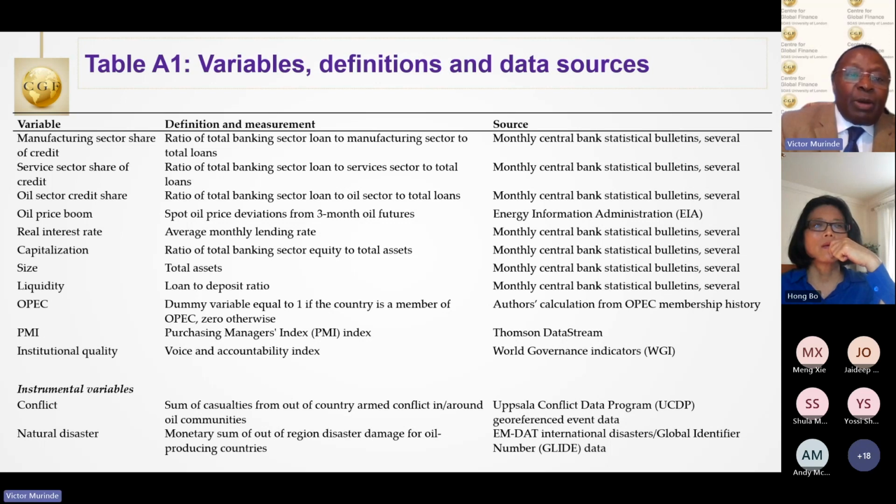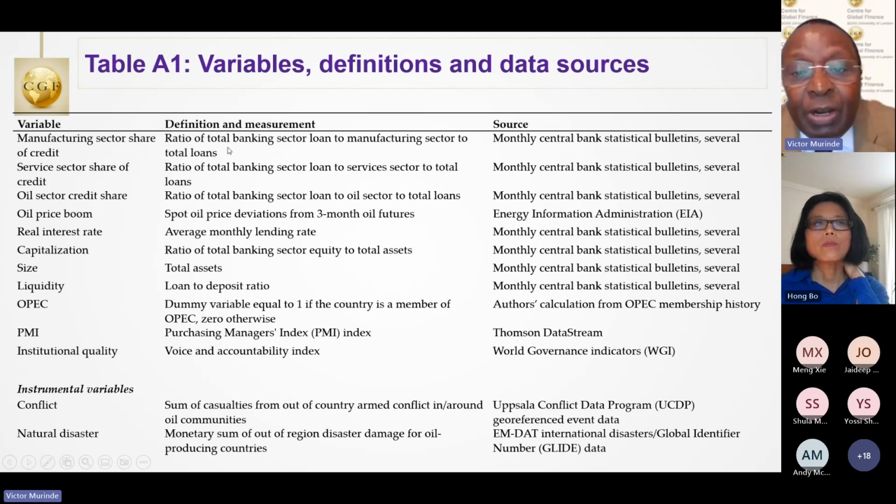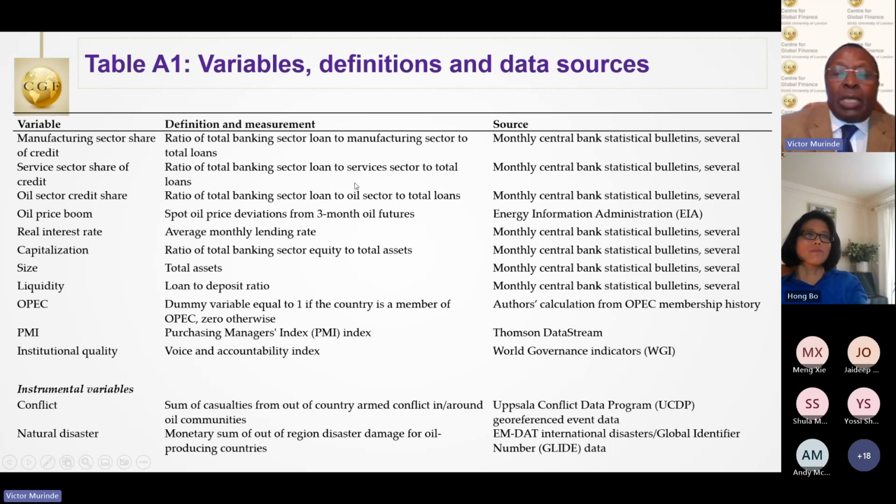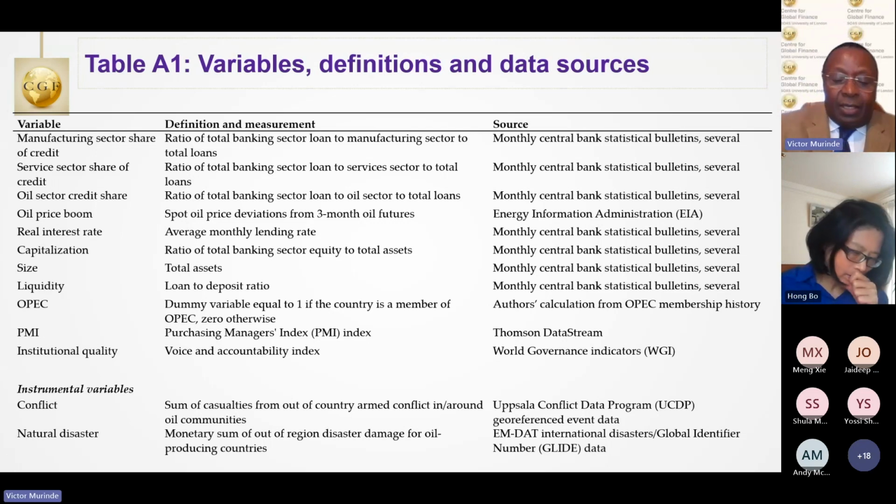Here we are looking at the manufacturing sector share of credit, measured as the ratio of total banking sector loans to the manufacturing sector compared to total loans. And then the services sector share of credit, the ratio of banking sector loans to the services sector as a ratio of total loans.